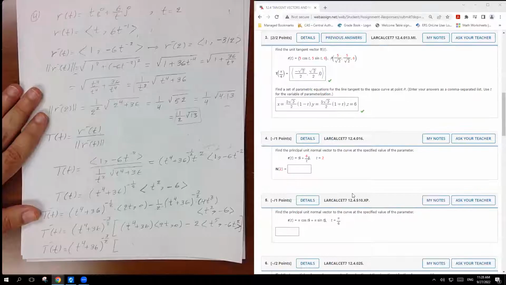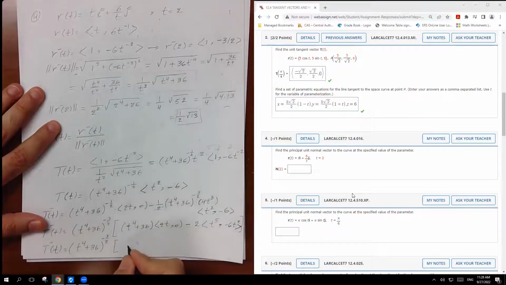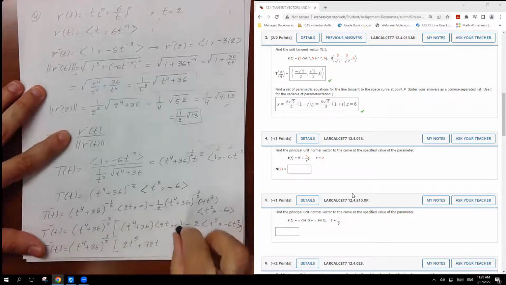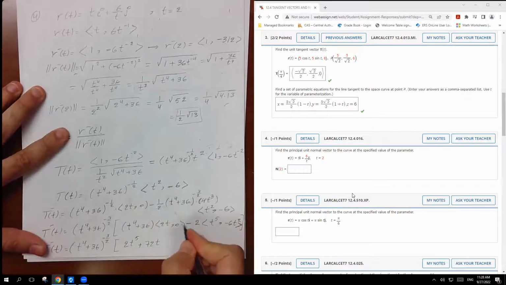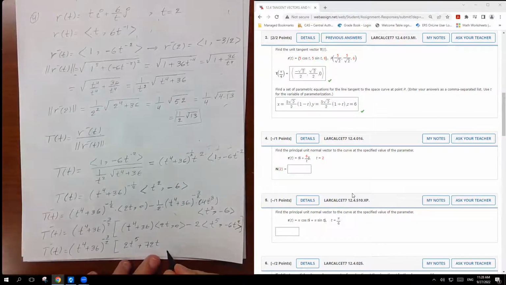So now we just need to simplify this one. t to the power 4 with this one is going to be 2t to the power 5 and plus 36 with this one is going to be 72t. With the 0 it is not going to change anything because we're doing this one distribute on this. This is a vector.